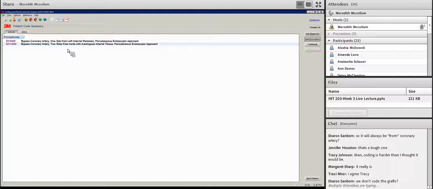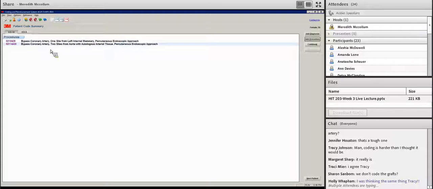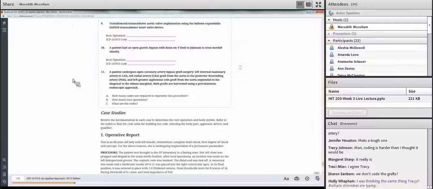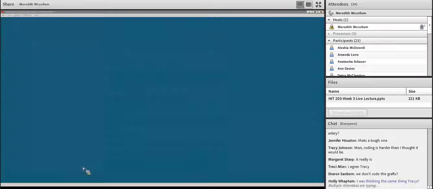This is the grafts. The bypass is the grafts. You're bypassing the arteries. Any other questions, I'll be glad to help with anything with the anatomical.